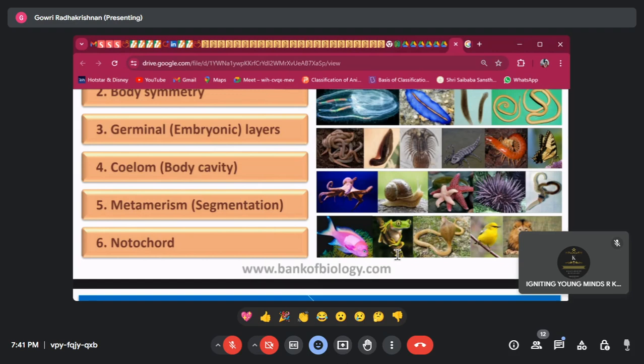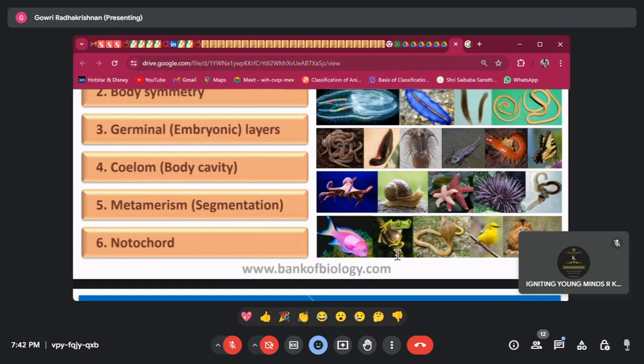Actually, a well-developed organism or higher order animals will have a coelom, that is Chordata, while some particular one or two levels don't have a proper coelom. There are three types of coelom. We will go into that a little later.